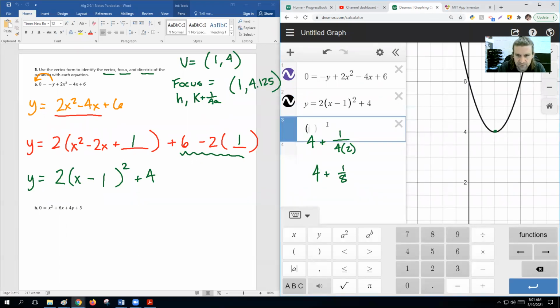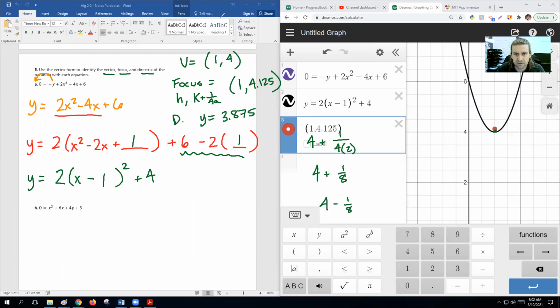And we just want to double check that if we type in (1, 4.125), you can see, yep, we get a nice focus point in the middle of that parabola there. And the directrix is just like this, except it's minus in the middle. It's the opposite. So the directrix would be 4 minus 1/8, and the directrix would be, let's see, y equals 4 minus 1/8, that'd be 3.875.